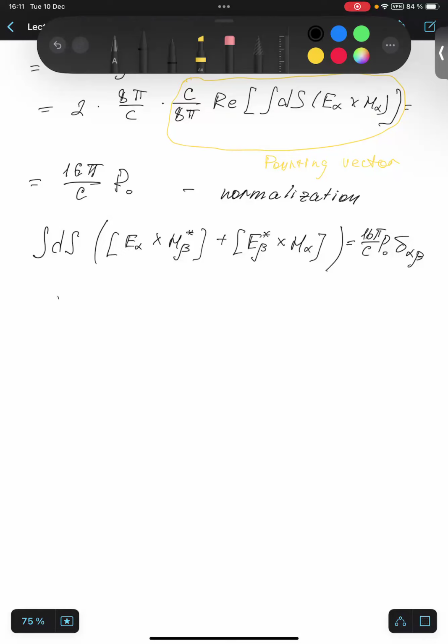Let's consider some waveguide with permittivity perturbation. We can say that permittivity behaves like epsilon(x, y) plus some delta epsilon(x, y, z), some perturbation.